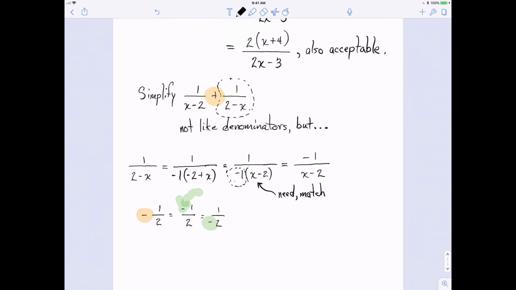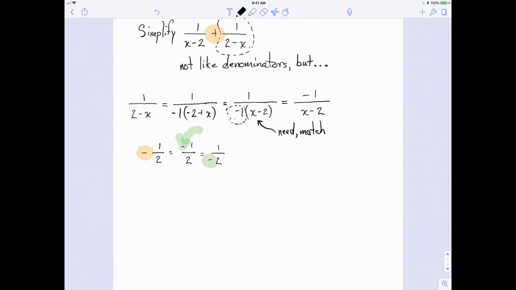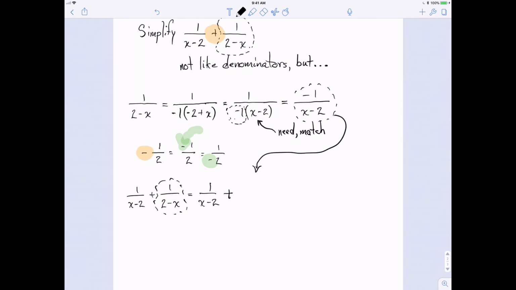Now we have like fractions. So let's try again. I'll write the original problem so we can see its progression: 1 over x minus 2, plus, and the second fraction is the same as this result, negative 1 over x minus 2.